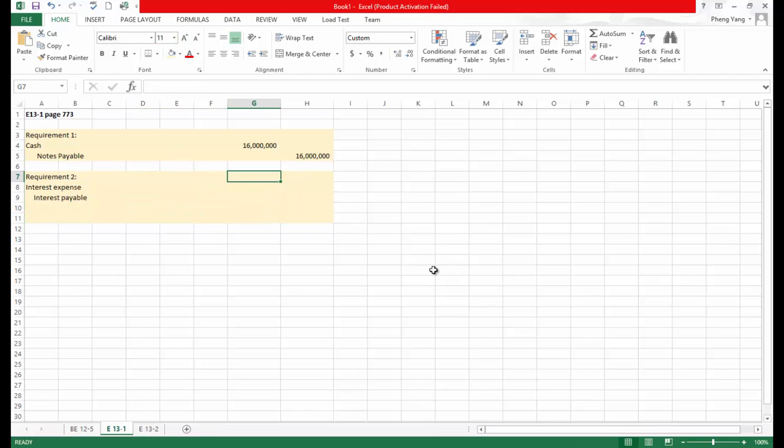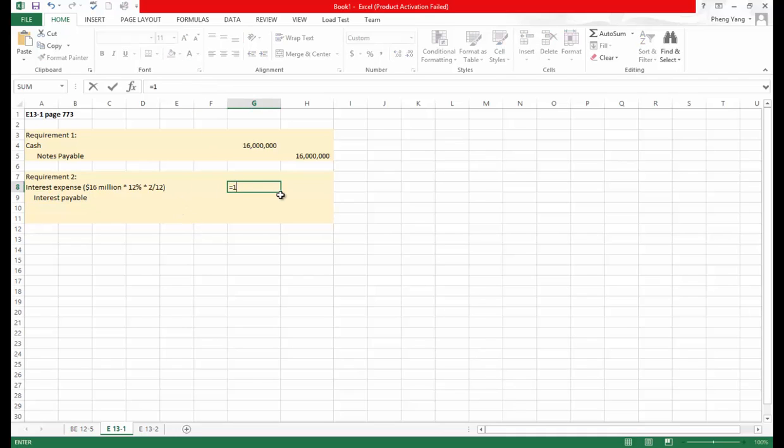All right. So basically, my interest expense is going to be the $16 million times the 12% times the 2 months over 12, because only 2 months had passed. Because we did take this loan out on November 1st, so you're going to count November and December, so that's 2 months.